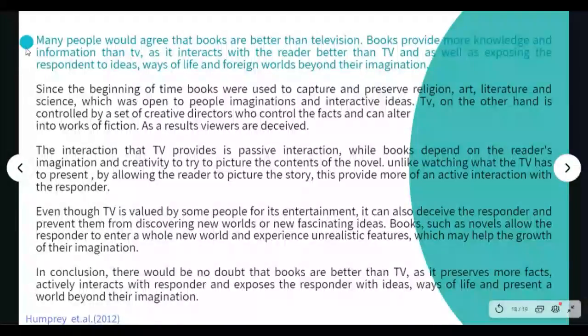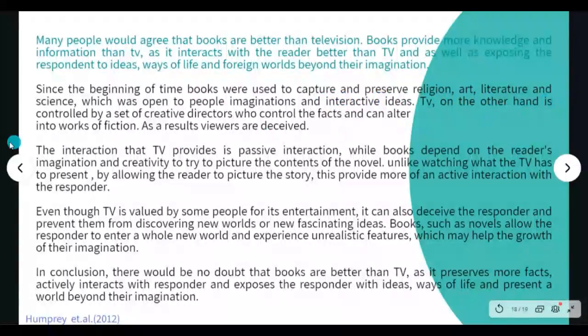So here is the statement of the position. And in the following paragraphs, it will of course explain or give details to your argument that books are better than television.